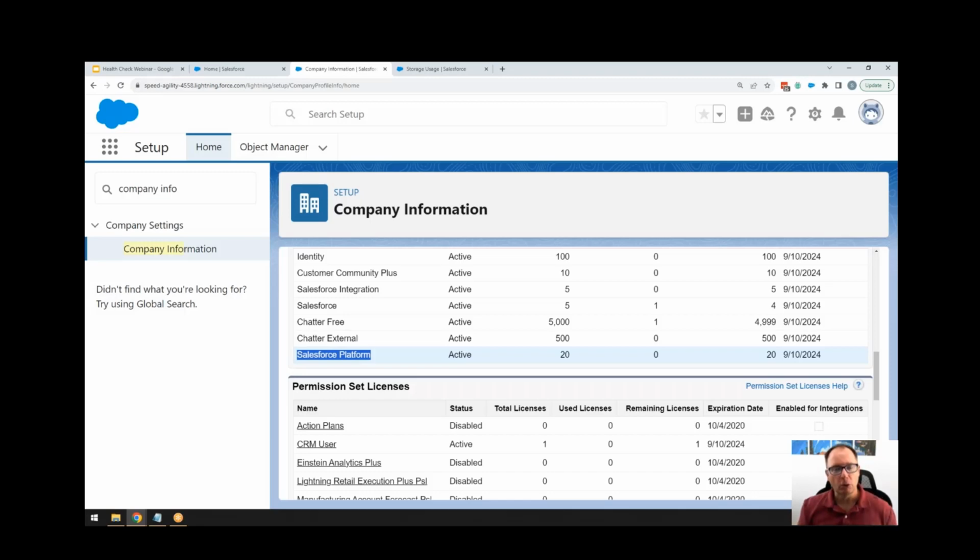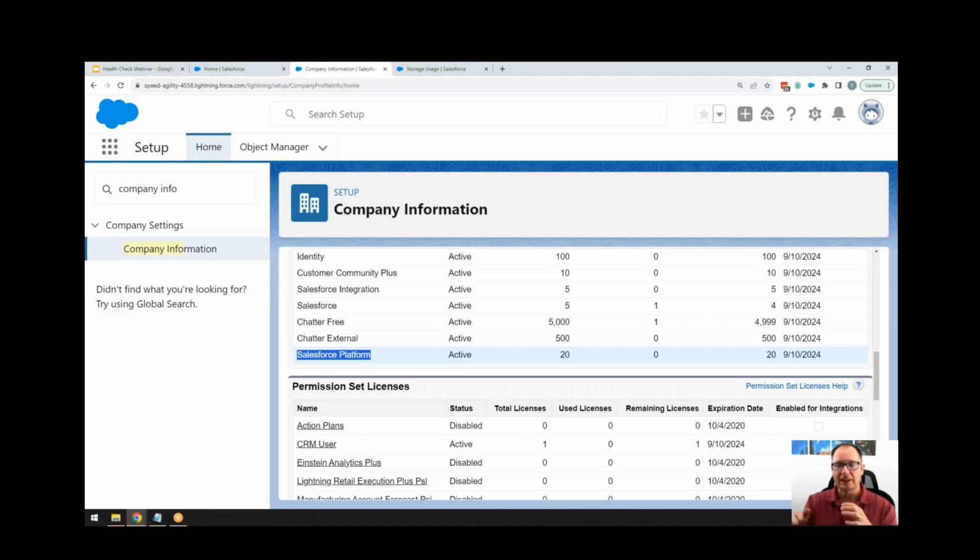What most people don't realize is there's another license called platform. And you can think of platform as the core capability of Salesforce. It's accounts, it's contacts, it's reports, it's dashboards. It's list views, all the core things that make Salesforce so unique. The ability to set up users and add them and those kinds of things. That's all part of that core platform.